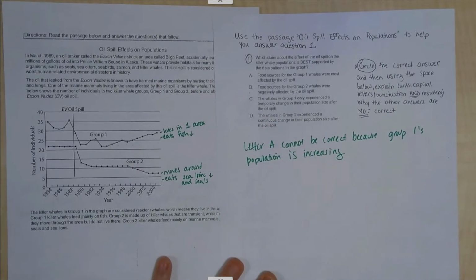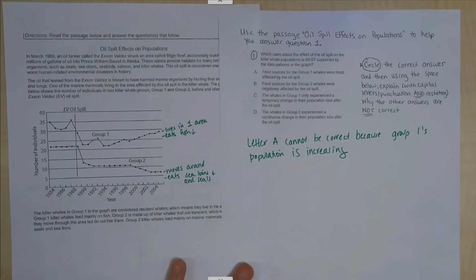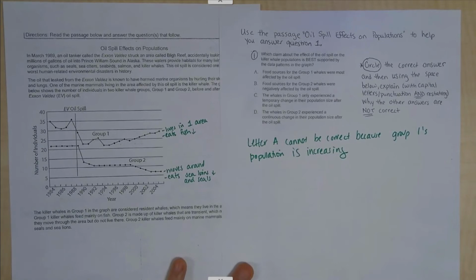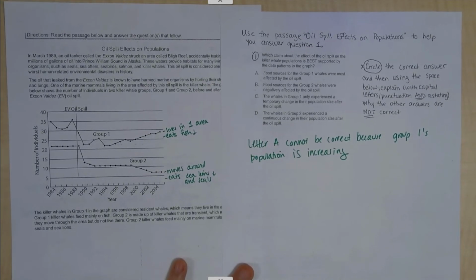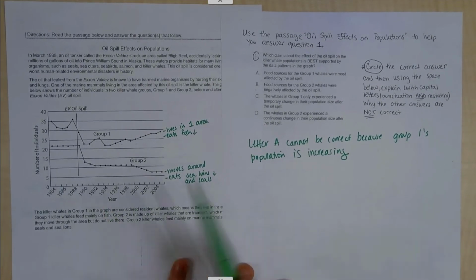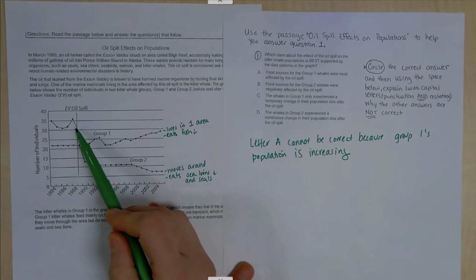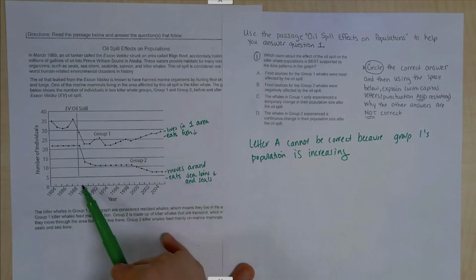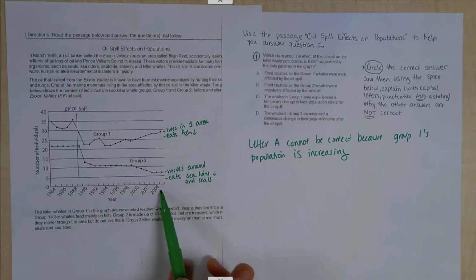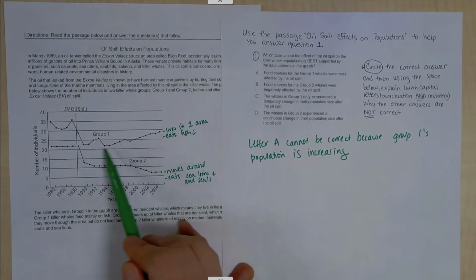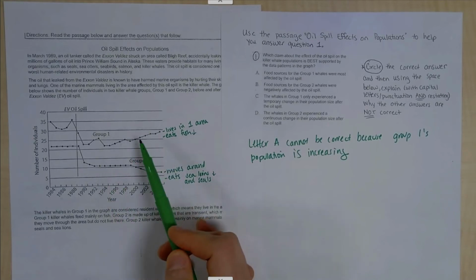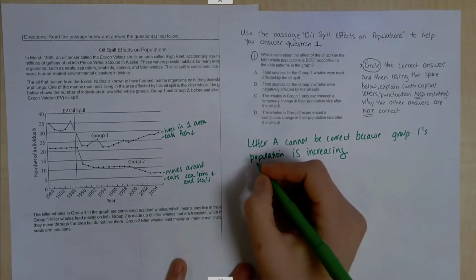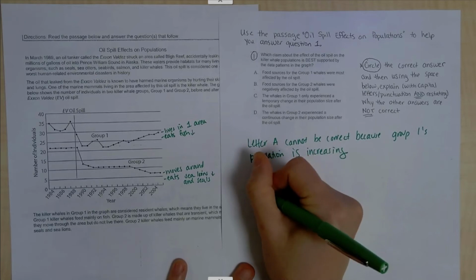Letter C, the whales in group 1 only experienced a temporary change in their population size after the oil spill. Temporary means like just a short amount of time. Well, if this was the oil spill, it never bounced back up. It stayed for, like 1988 to 2004, it still was really low. So it never bounced back up. It wasn't temporary, it was permanent. So I'm going to write, we know letter C cannot be it.